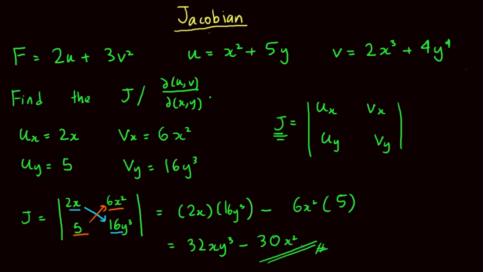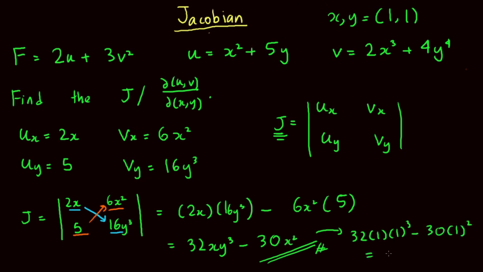And if they mention what values of x and y, let's say for our case, maybe they mention x and y to be 1, 1, for instance. A very simple example, 1, 1. So we'd have 32 times 1 and 1 cubed, minus 30 times 1 squared.